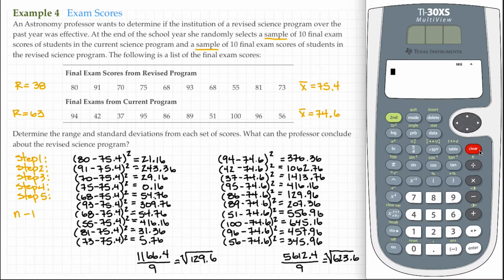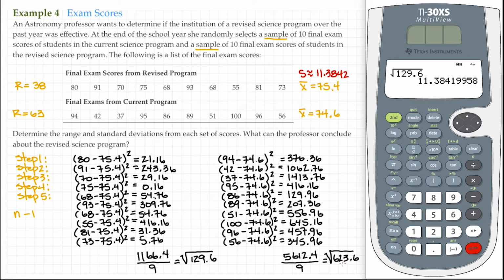In our calculator, I'm going to take the square root of 129.6, and it comes out to be approximately, and again, since these are samples, I'm going to label it as S, approximately 11.3842.